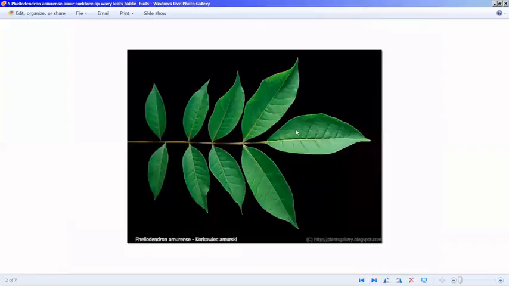Next plant is another ash lookalike and a relative of the ash, the Phellodendron amurense, or Amur cork tree. They have wavy leaves and hidden buds, and they look very much like an ash.